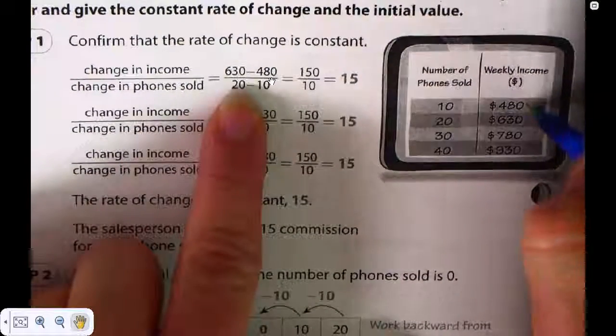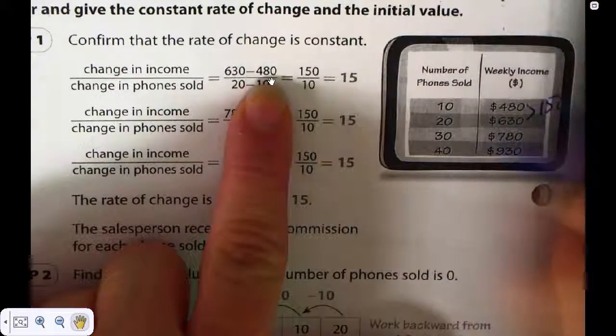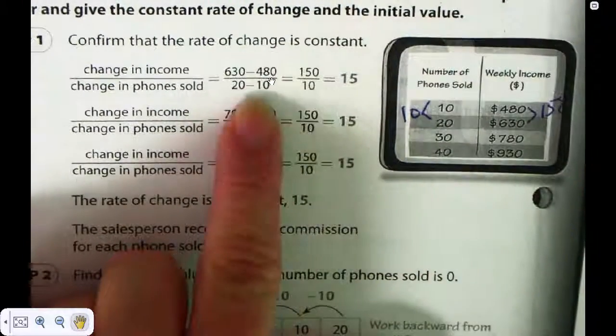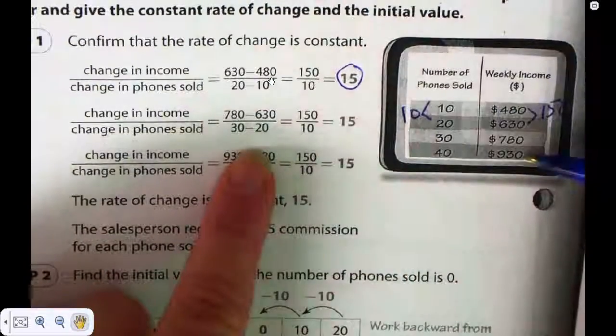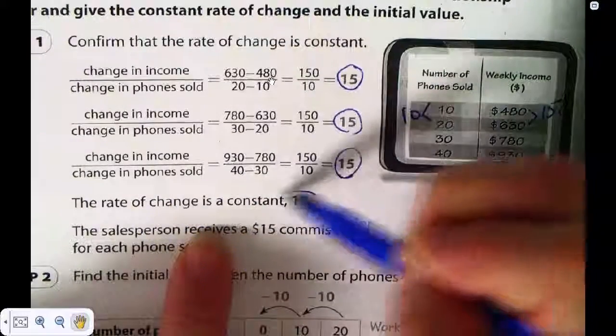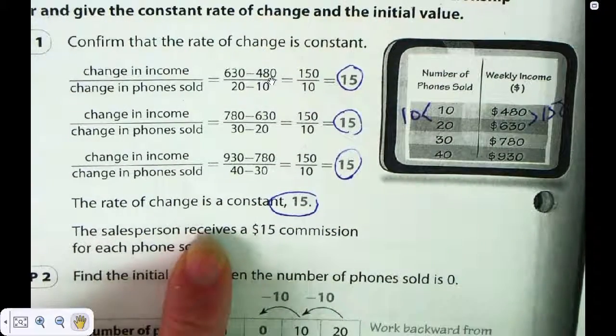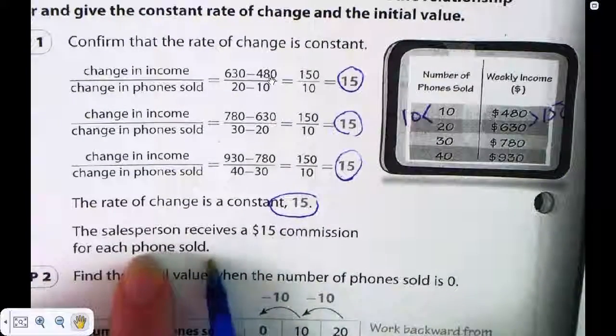They subtracted 630 and 480, got 150. They subtracted that and got 10. And then they divided to get 15. They did that on every one of these and got 15. So the rate of change is constant, and it's 15. So you know that he made $15 for every phone he sold.